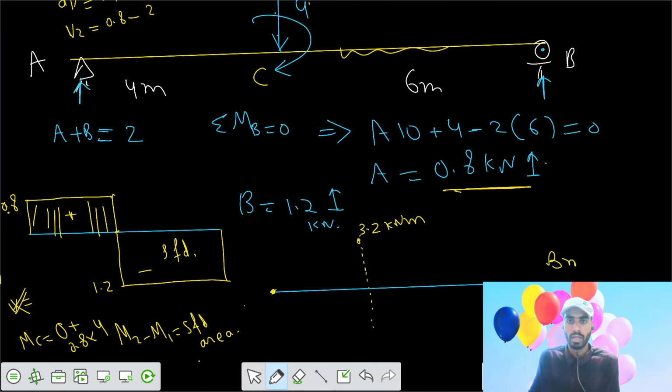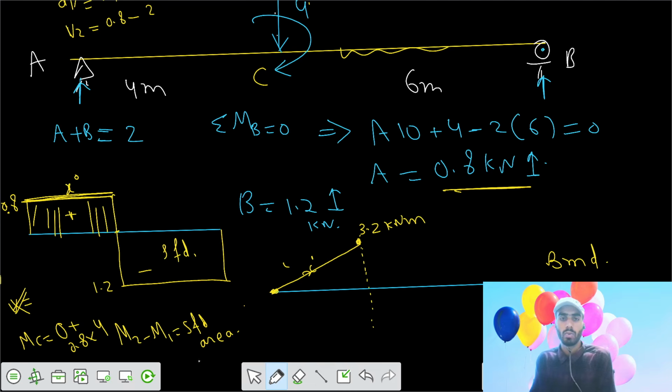This is your BMD. If shear force is constant, that means x to the power 0, then your BMD would be an x to the power 1 function. That's linear, so connect the 2 critical points by a straight line.